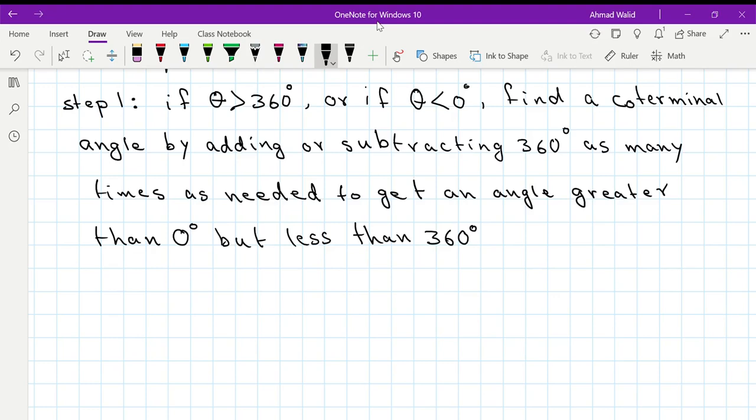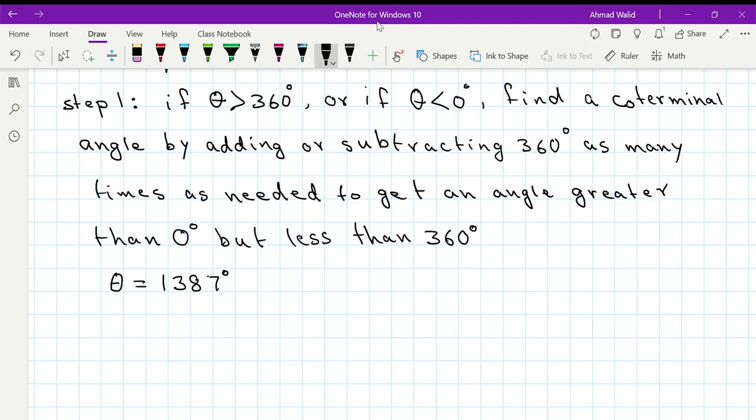Let me show it how. For example, let's say I'll use that angle theta. I'll do it again. Here you will know why. Theta is given 1387 degree.